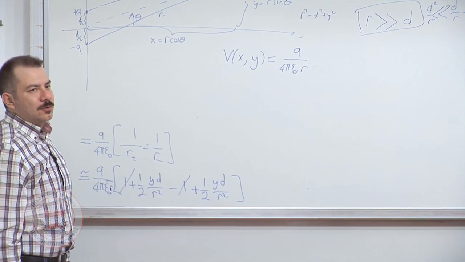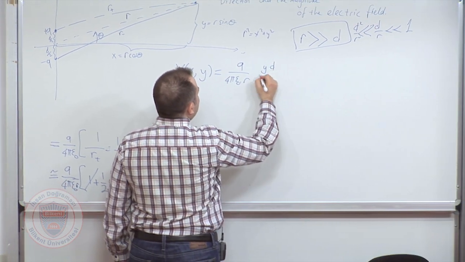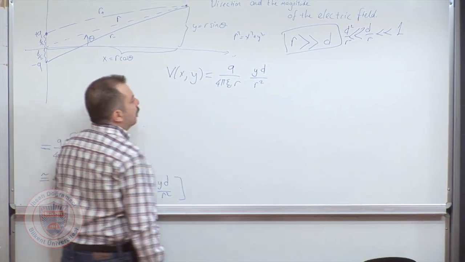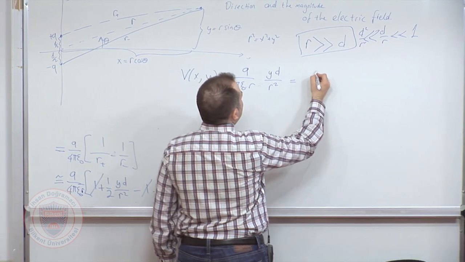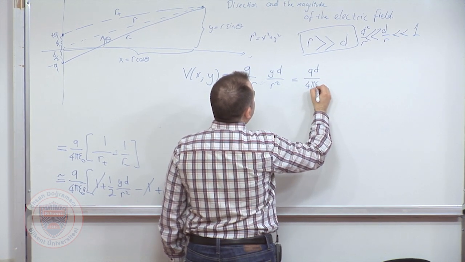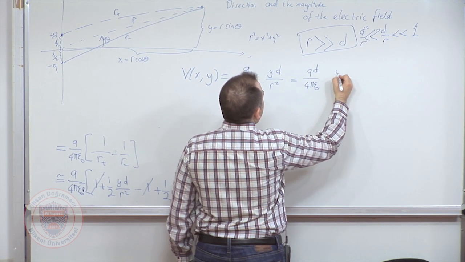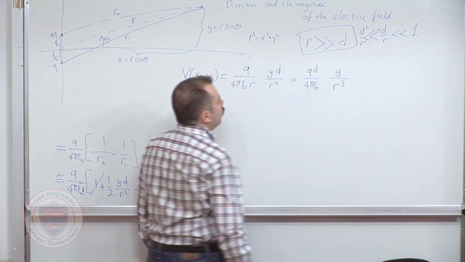The second terms just add up. Y d over r square. Or if I write this all up, q d over 4 pi epsilon 0 y over r cubed.